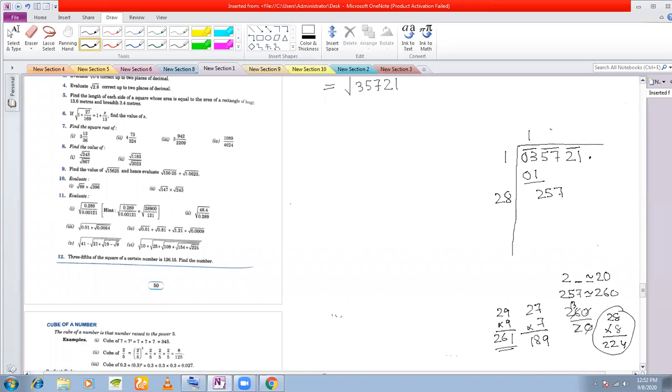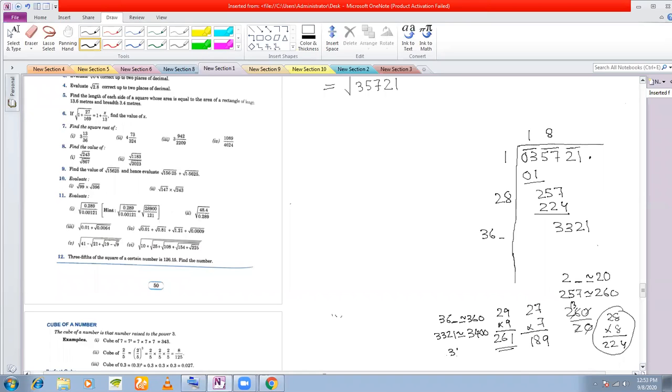So 28 into 8 is 224. Subtract, you get 33. You bring down 21 and double 28, you get 56. Now we want to introduce a digit here. So what digit should I introduce? Again, have an idea. 56 something will be very close to 560, and 3321 is very close to, let's say, 3400.